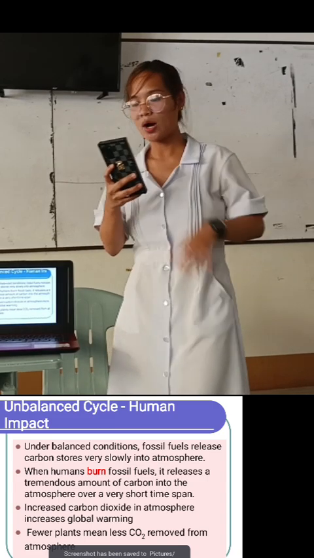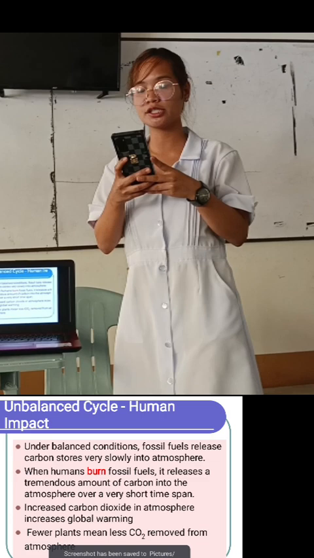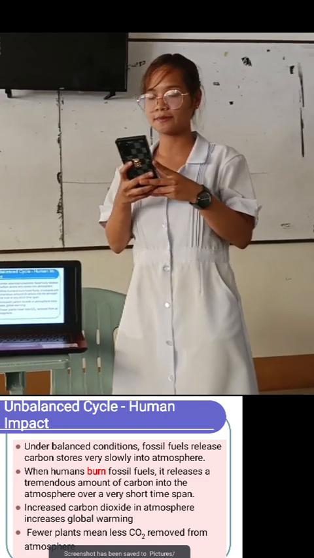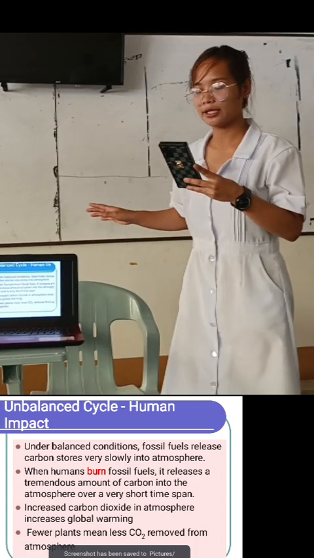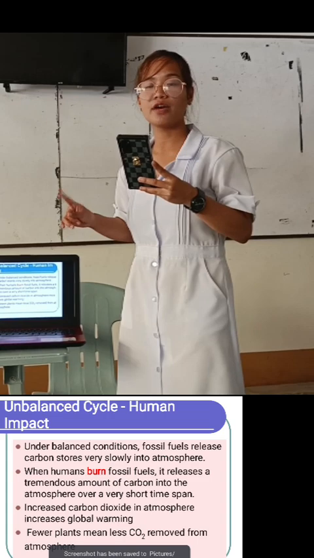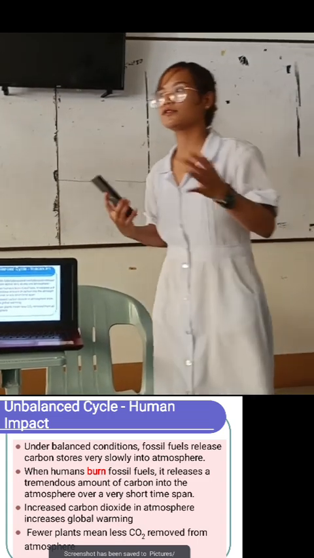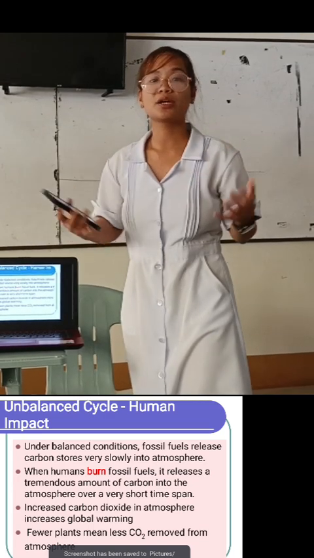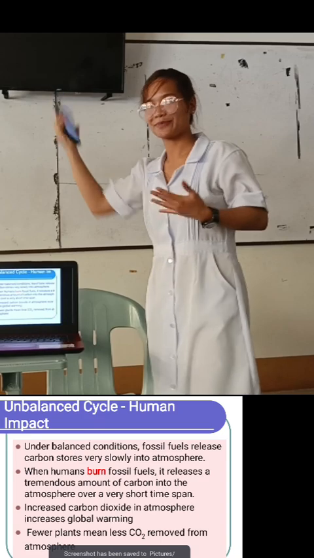Human impact. So, under balanced conditions, fossil fuels release carbon stores very slowly into the atmosphere. When humans burn fossil fuels, it releases a tremendous amount of carbon into the atmosphere over a very short time span. So, pag nag-burn daw tayo ng fossil fuels, nagre-release ito ng madaming carbon and pumupunta siya dun sa atmosphere.